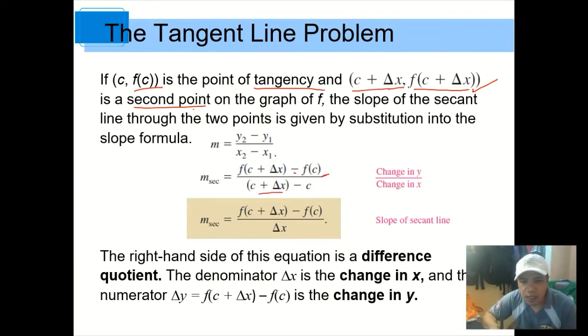If we simplify, c minus c cancels out, so delta x is in the denominator. So, the slope of the second line is f of c plus delta x minus f of c, all over delta x. With this, we can approximate the tangent line at point P using the slope of the second line.